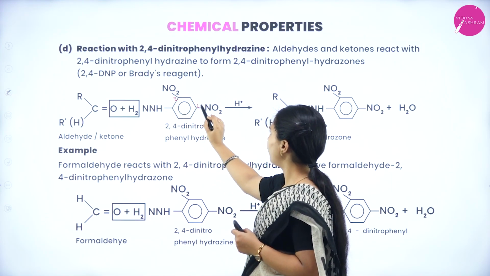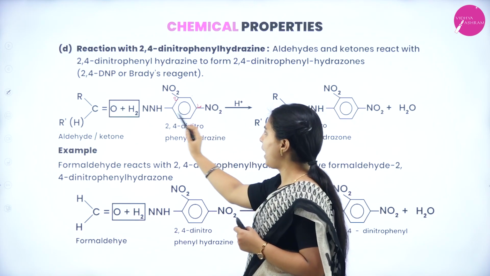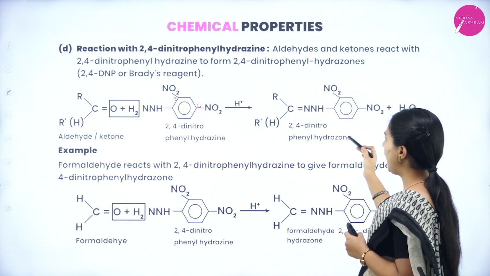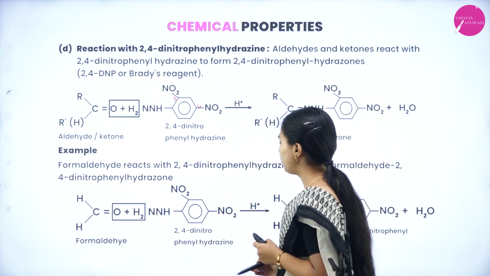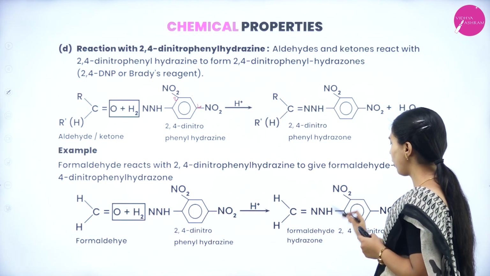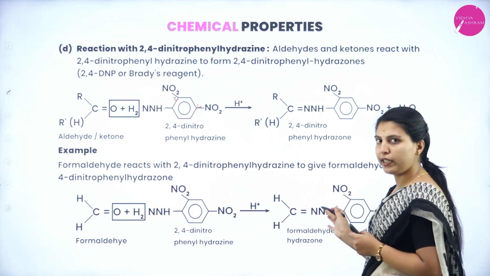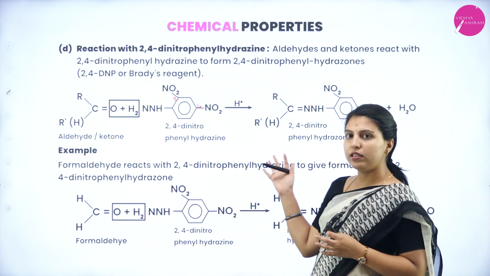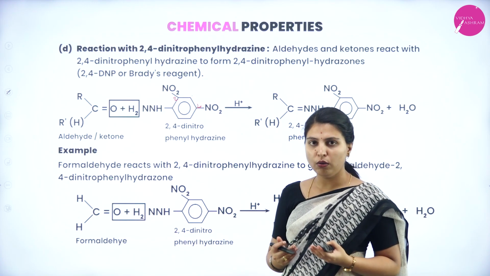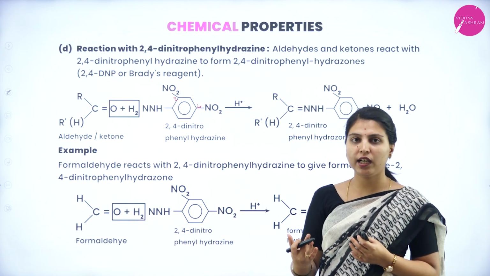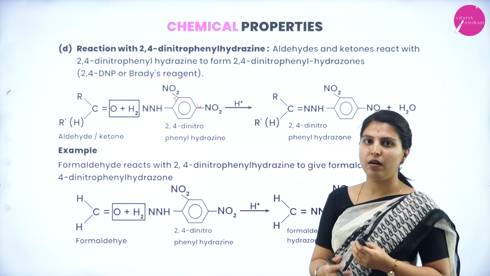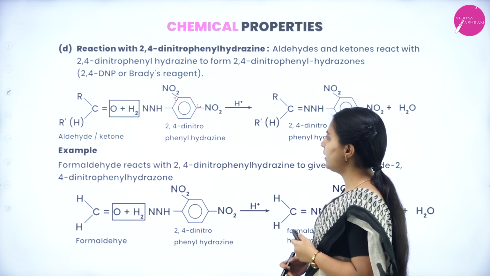Here, formaldehyde reacted with 2,4 dinitrophenylhydrazine will form formaldehyde 2,4 dinitrophenylhydrazone. This is what we have discussed now: the reactions of ammonia or derivatives of ammonia with aldehydes and ketones.